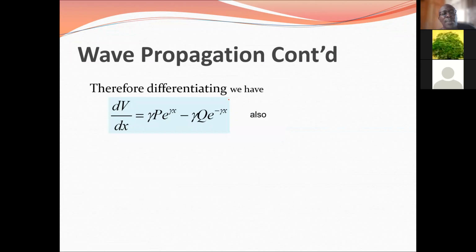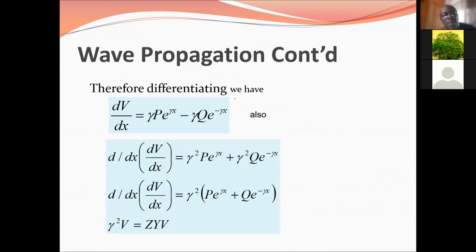So the solution, d2V/dx2: we take the second differential, we get gamma squared P e to the gamma x plus gamma squared Q e to the minus gamma x.